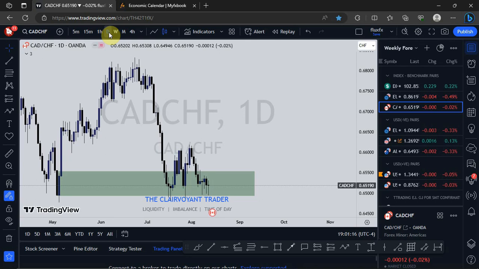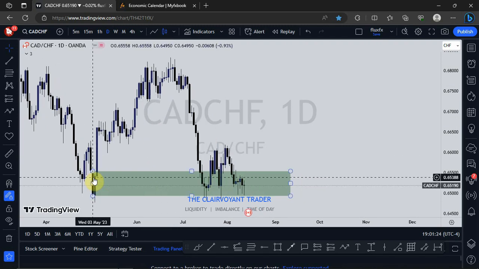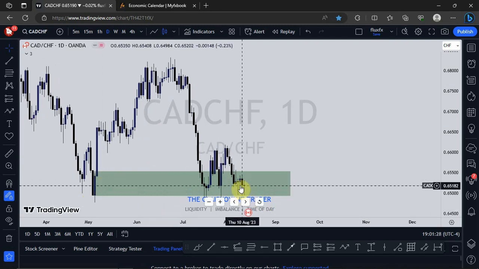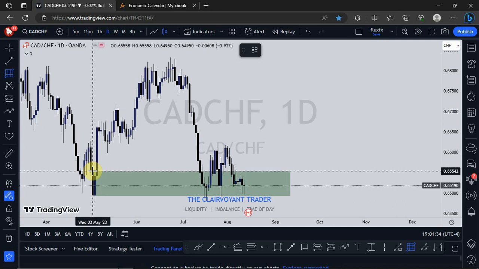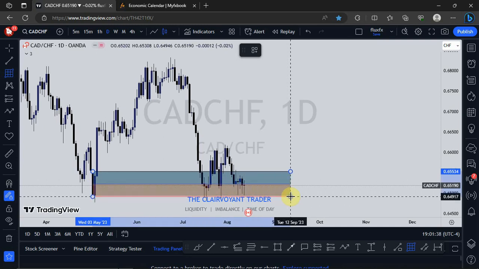If we look at CAD CHF as it stands now, price is currently sitting within this bullish order block we are seeing here. But within the bullish order block, I want to know where exactly price is sitting. So I'll take my gun box to measure where my discount is, where my equilibrium is, and where my premium is.